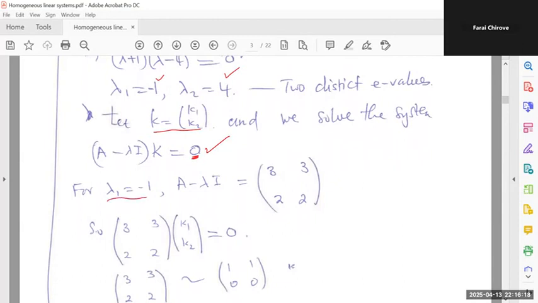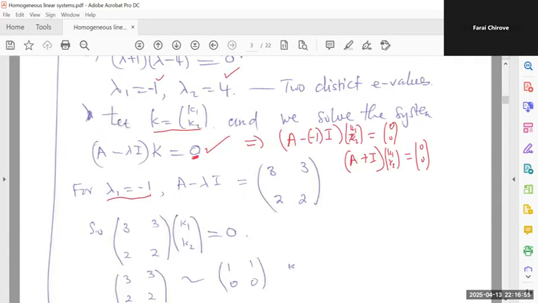So associated with lambda 1, we are just saying solve the system A minus -1 I times K1, K2 is equal to the 0 vector, which then says you have A plus I times K1, K2 is equal to what? The 0 vector.